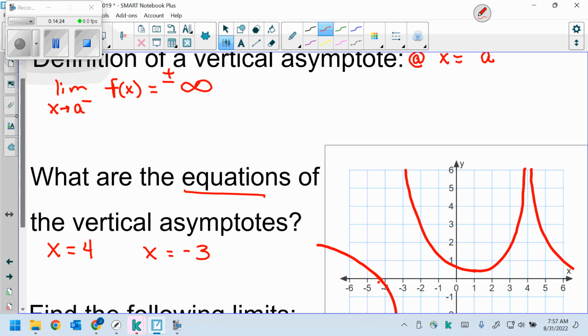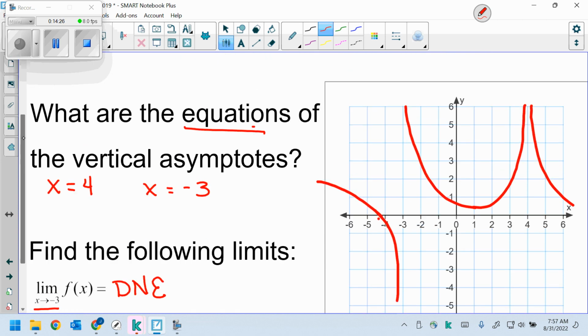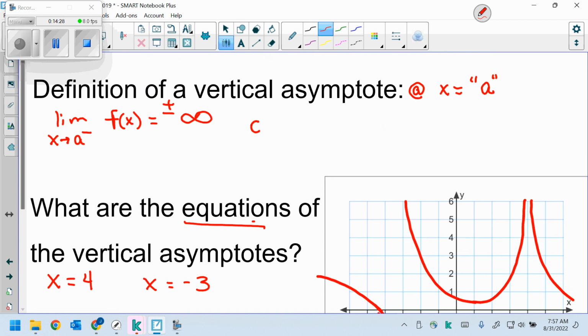Now, I could have said the limit as x approaches a on the right side of f of x is infinity, or maybe it would be -infinity. So it's either positive or -infinity.